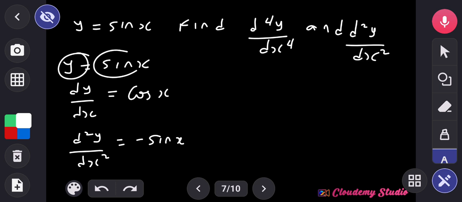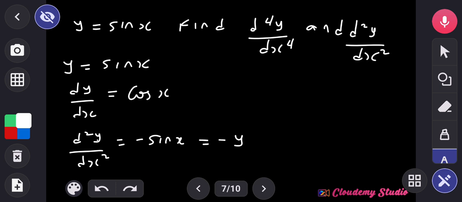Our y is sin x. It means that d²y/dx² equals minus y. You understand? So we can be given options, what is our d²y/dx²? It can be y, it can be minus y, and so on, which means d²y/dx² equals minus y. You understand?